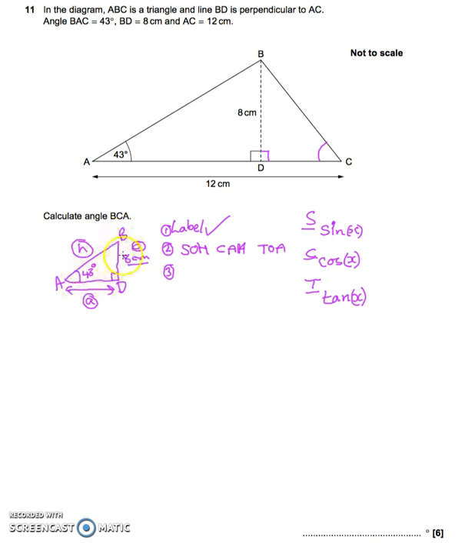So I'm going to use, because I want to find A, and I've got O and A, tan. That's the one that's got O and A in it. A is in that one but no O. O is in that one but no A. So this is the one that's got both. That's the one we're going to use.